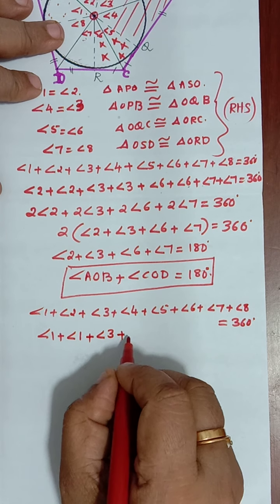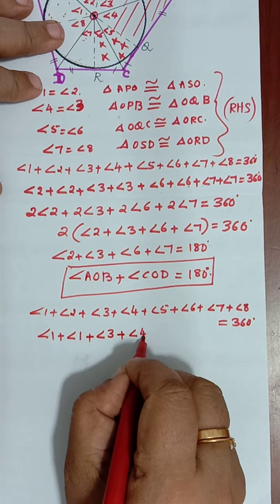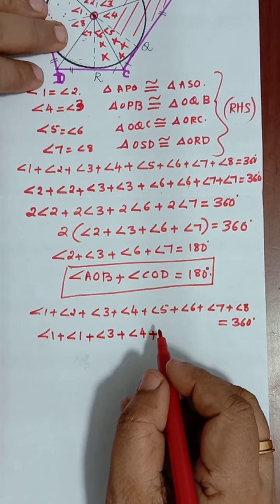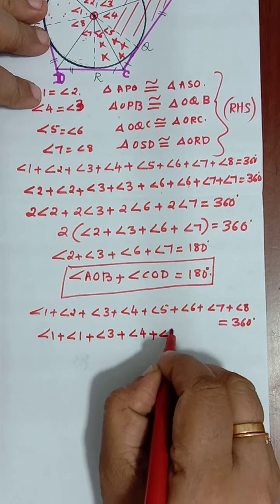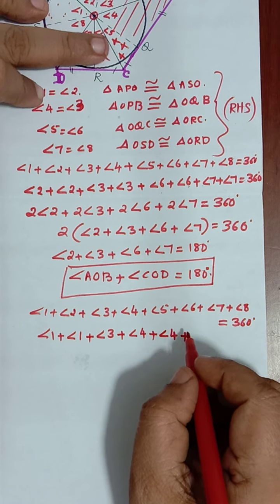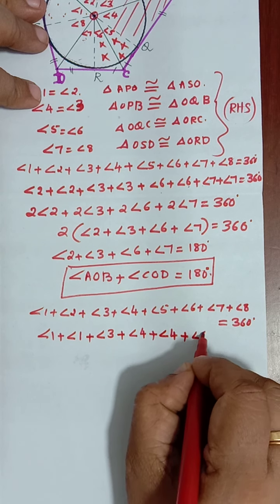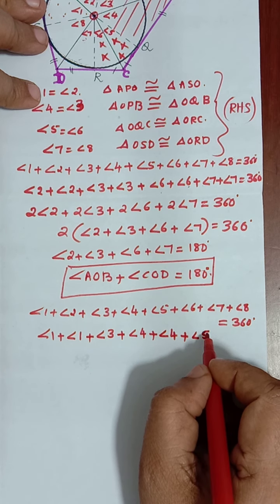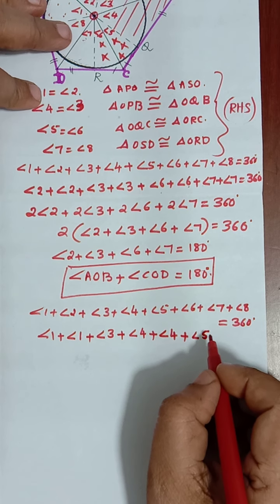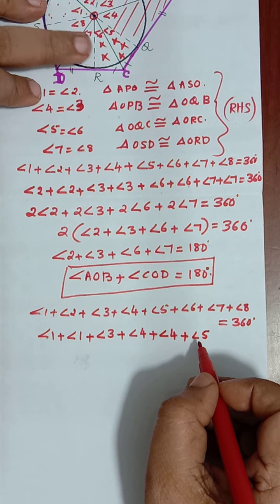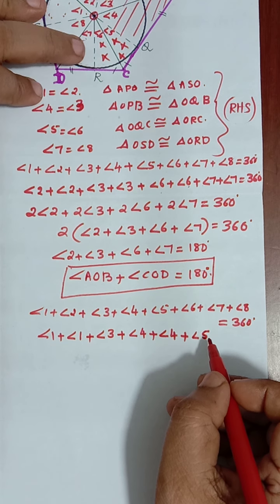Then 4, then 5. 5 is the same as 4 itself. 6 we don't want, so 6 is equal to 5 according to the question. 5 is equal to 4.